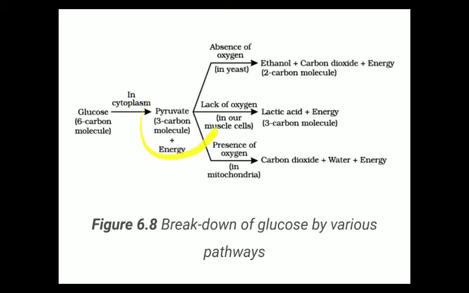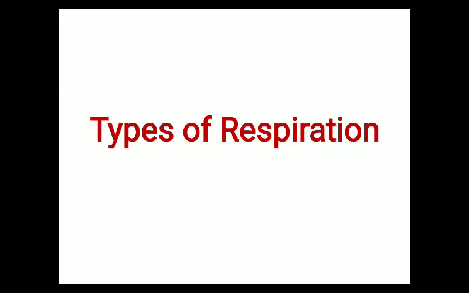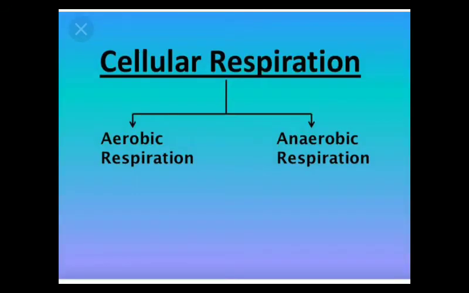If the breakdown of pyruvate takes place in the absence of oxygen, then it is known as anaerobic respiration. So on this basis, we have categorized respiration into aerobic respiration and anaerobic respiration. I hope it is clear. Aerobic respiration means breakdown of glucose, especially pyruvate, in the presence of oxygen, and anaerobic respiration means breakdown of pyruvate in the absence of oxygen.